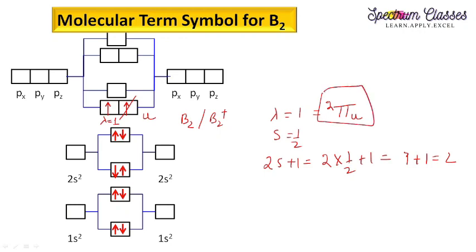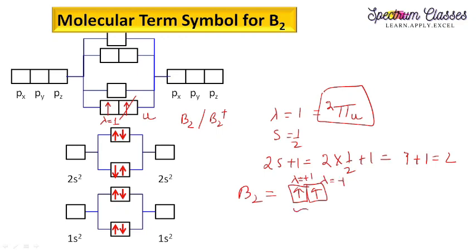So it is simple, right? Now coming to the B2 molecule. As we did for B2 plus, we cannot do this for B2, because we have two equivalent electrons. Here you can see one is in lambda plus 1 and the other one is in lambda minus 1.